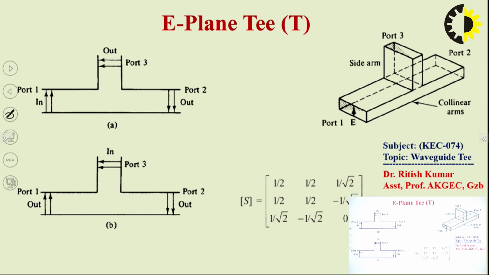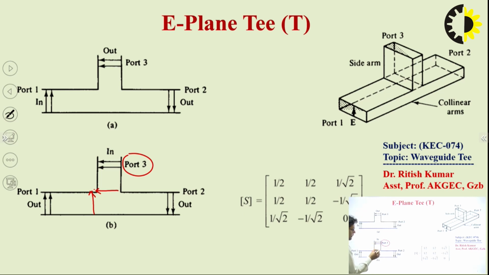Now the second case we can see here: if we apply the source at port number 3, what will happen? So if we apply the source at port number 3, at the junction point we will have the electric field in this position. So for this boundary condition, the arrow is touching at this point, so the direction of the electric field for this arm would always be in this direction, and the tail of the arrow is touching at this boundary.